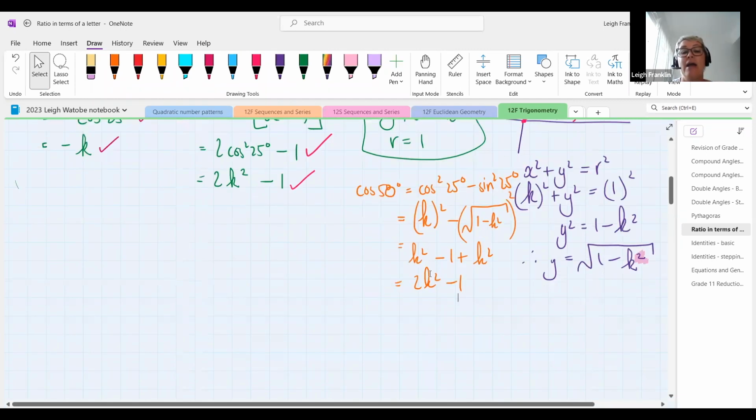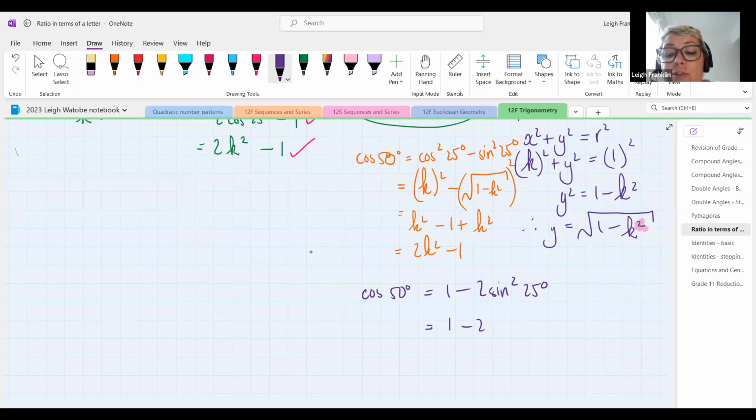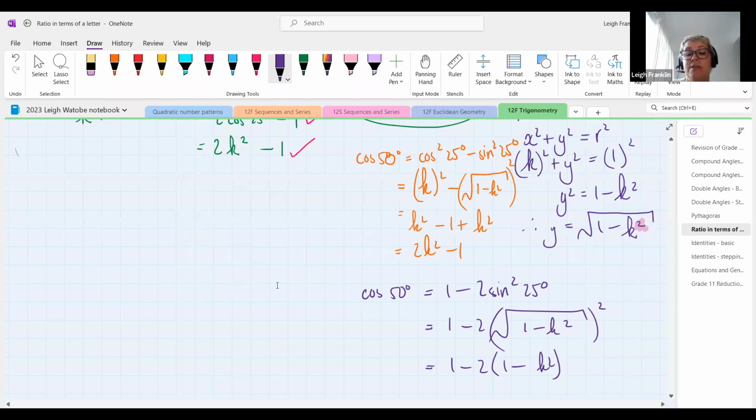Similarly, if you did it using 1 minus 2 sine squared 25, you'd also get the same answer. So it'd be 1 minus 2, then we sub in the sine of 25 as root 1 minus k squared, and we need to square it. That leaves us with 1 minus 2 into 1 minus k squared, because the square and the square root cancel each other out.